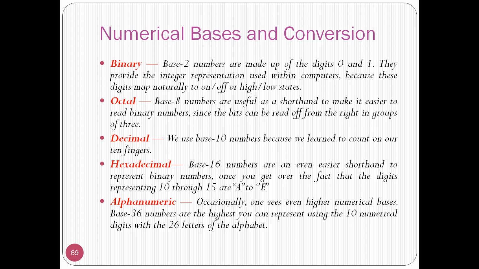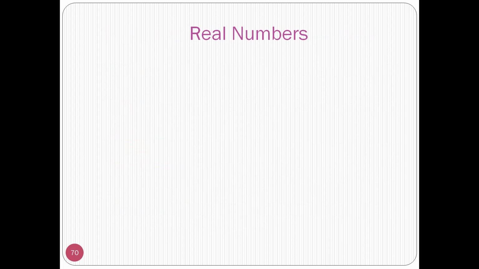Octal, decimal and hexadecimal are used to represent binary values in an easier way, and alphanumeric is the combination of digits and alphabets.